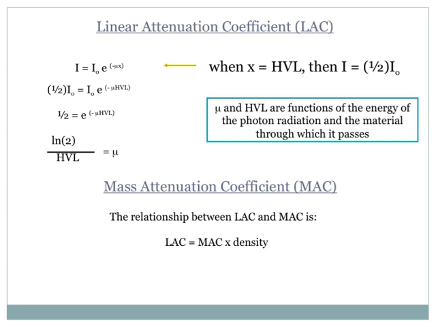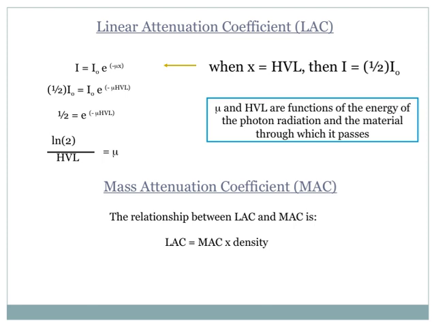We also see the concept of HVL, or half-value layer, which is the thickness of material needed to reduce the initial intensity by half. The equation involving the natural logarithm of 2 comes into play here, showing how we calculate HVL based on the LAC. Remember, the equation I equals I0 e to the minus mu x describes the exponential decay of intensity as radiation passes through material.